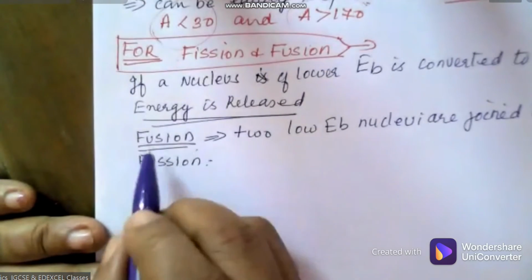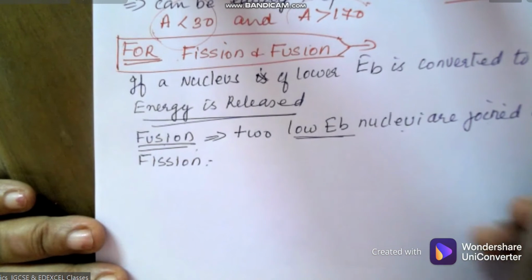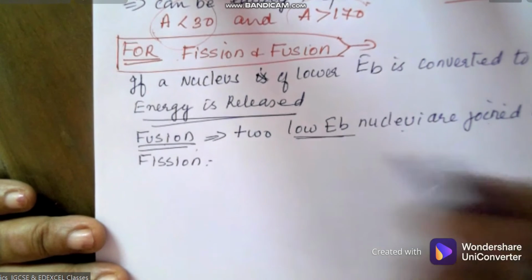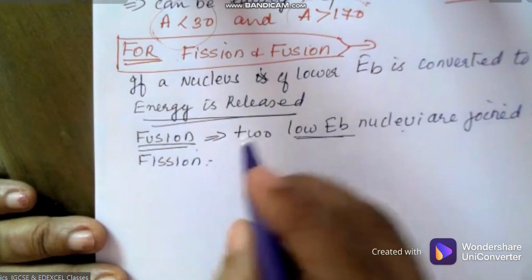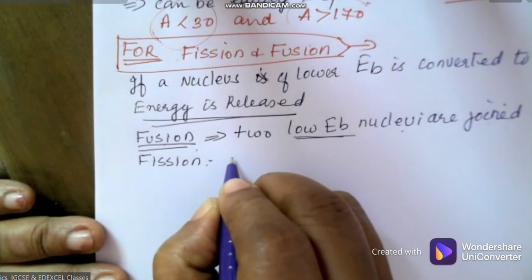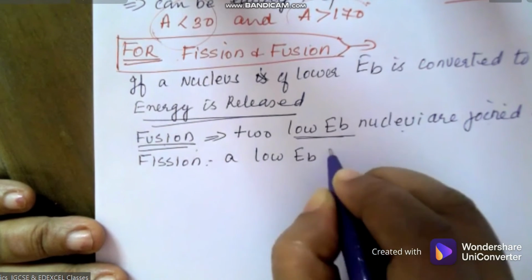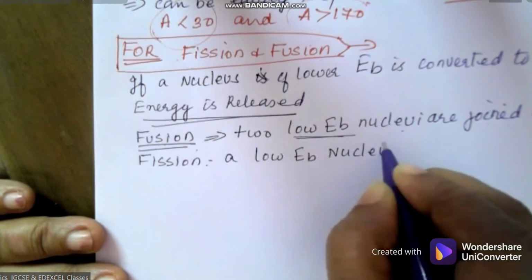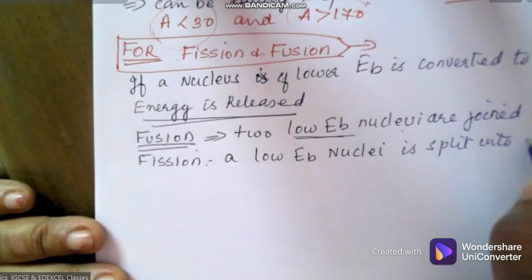So in fusion, two low binding energy nuclei are joined to form helium, which has high binding energy. Fission is for bigger elements. Here, again, a low binding energy nucleus is split into two, barium and krypton.